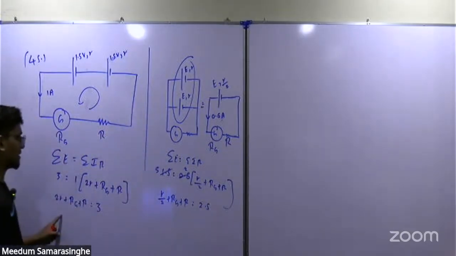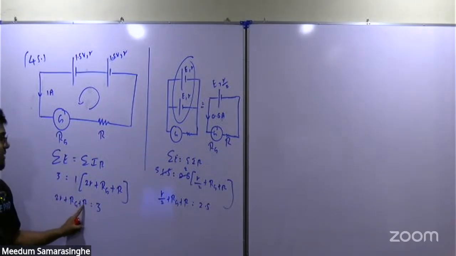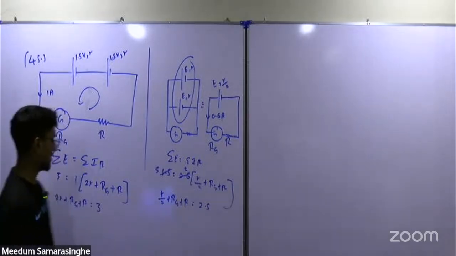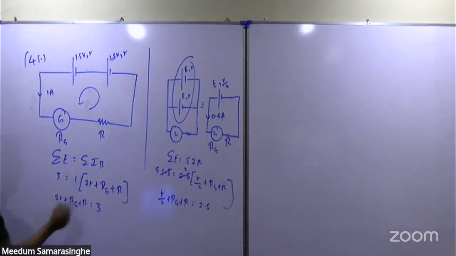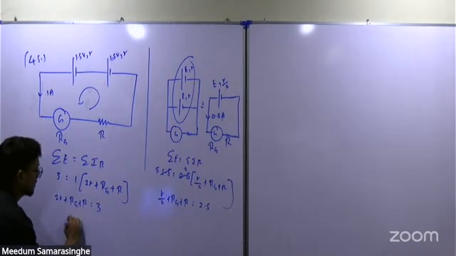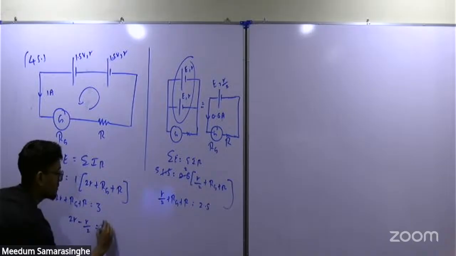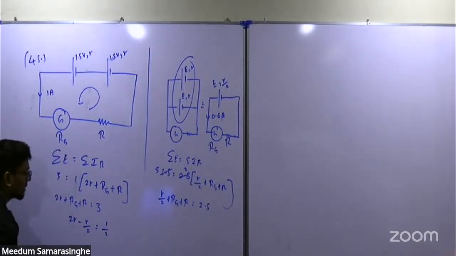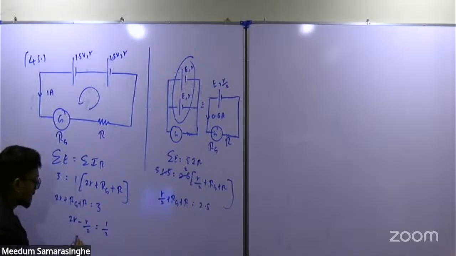Now subtract these two equations. So Rg plus R are gone. So 2R minus R over 2, 3 minus 0.5, 2.5, that is half. When you take the common denominator, 3R over 2 is equal to half.